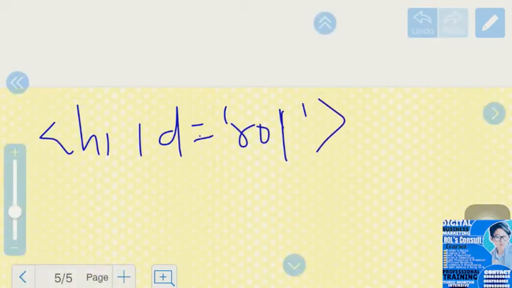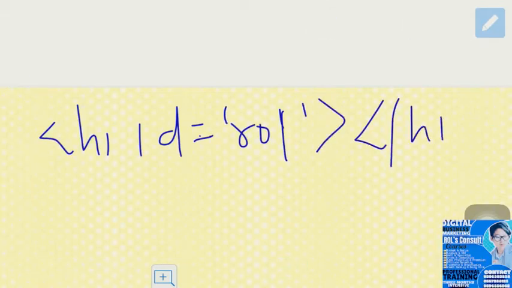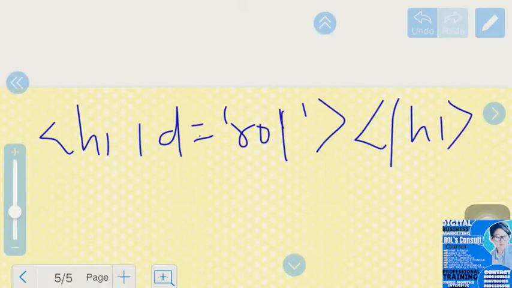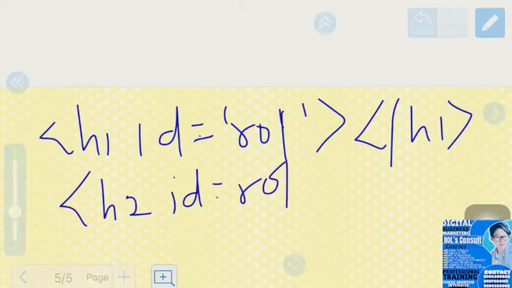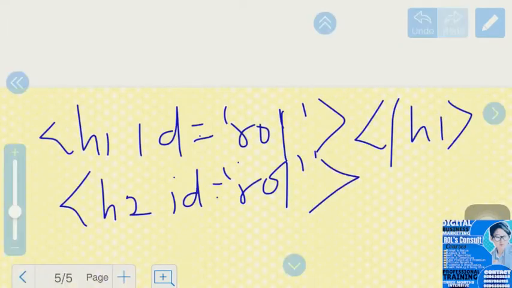Then I close it nicely, for the sake of understanding. I cannot come to my h2 element and give it an ID with the same name, row. No, it doesn't work like that. You can't give the same ID to two different things.